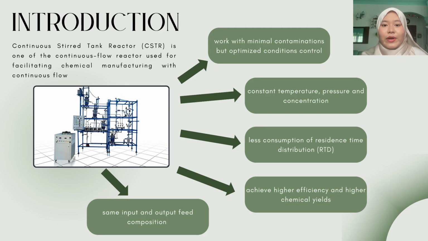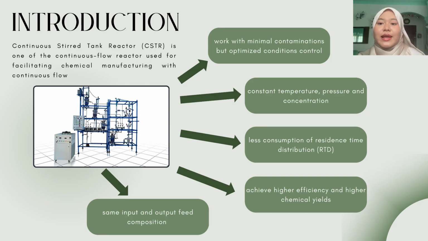Continuous Stirred Tank Reactor (CSTR) is one of the continuous flow reactors which is used for facilitating chemical manufacturing with continuous flow. CSTR works with minimal contamination, and it is able to optimize the control of conditions. It also works at constant temperature, constant pressure, and constant concentration of the reactants.